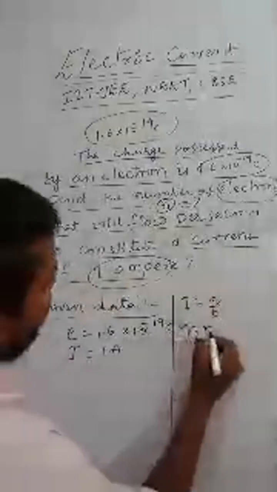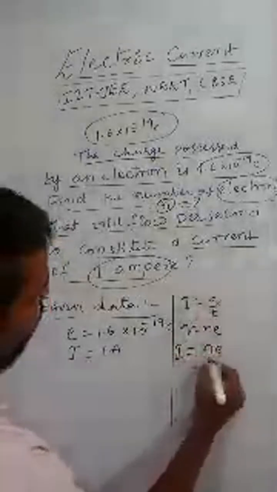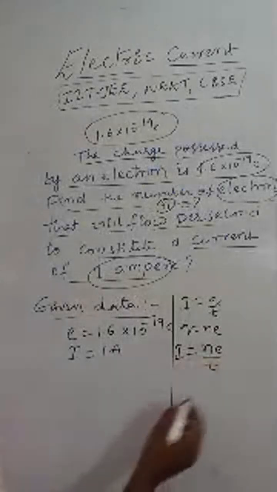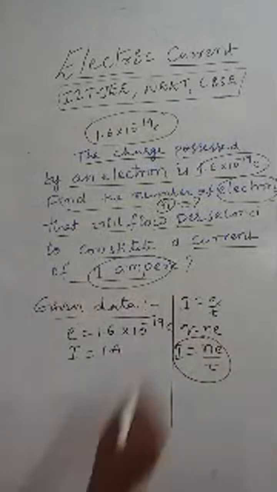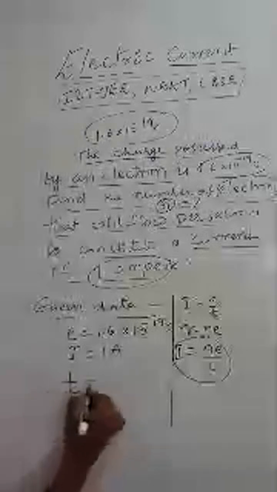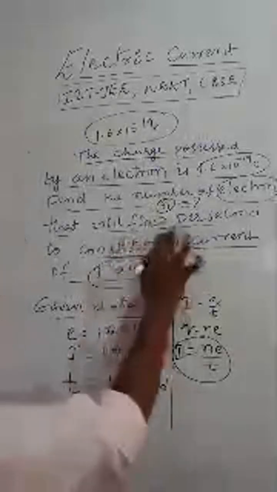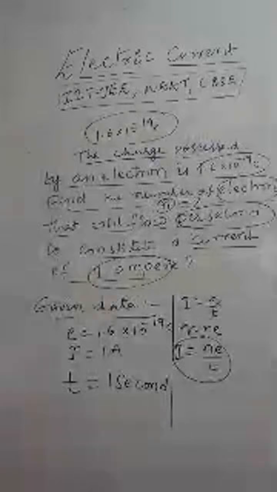If you substitute, I equal to Ne by T. Now we need to find the N value. Per second is given, so time is also given. Then we can substitute all the values.